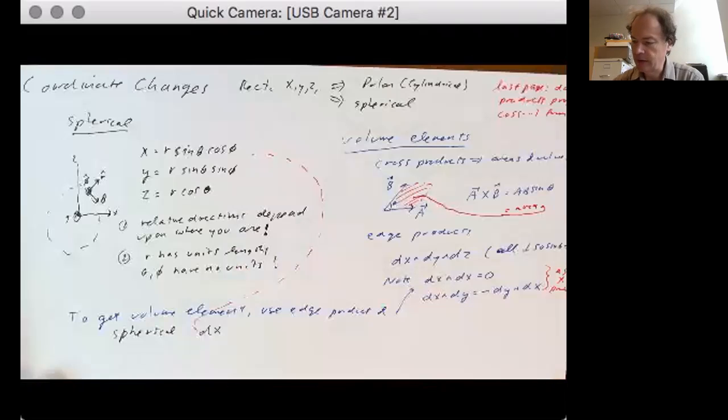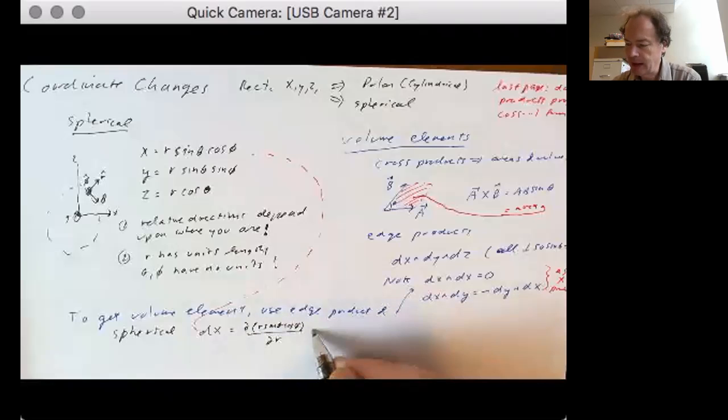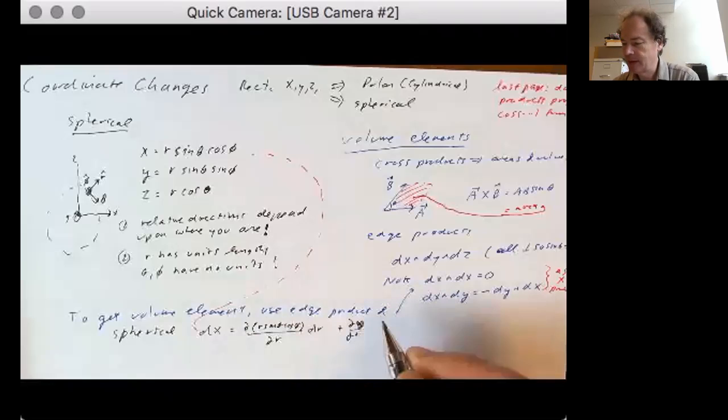dx is equal to the partial of r sine theta cosine phi with respect to r, dr, plus partial x partial theta d theta plus partial x partial phi d phi.